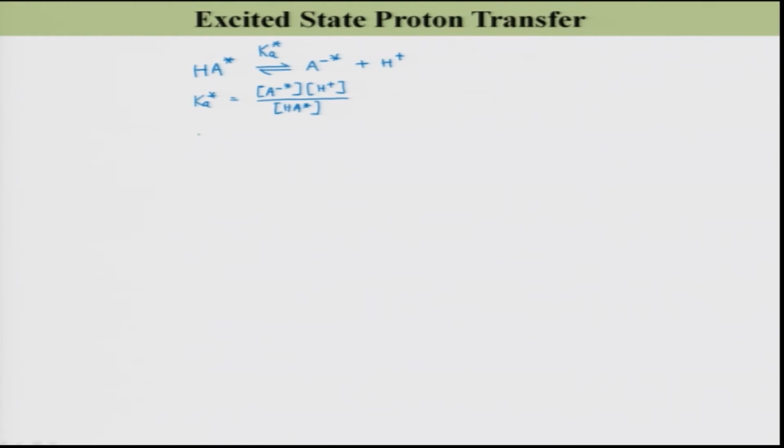So, if I take a negative logarithm of each side, I will get pK A star equal to pH, right. Here obviously no excited state, it is just the hydrogen concentration, minus log of A minus star divided by HA star, right.